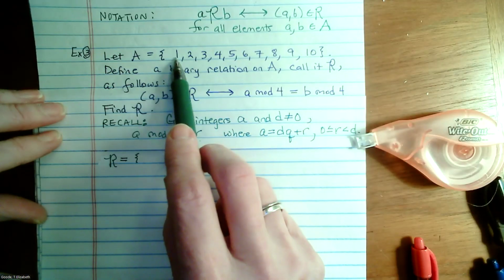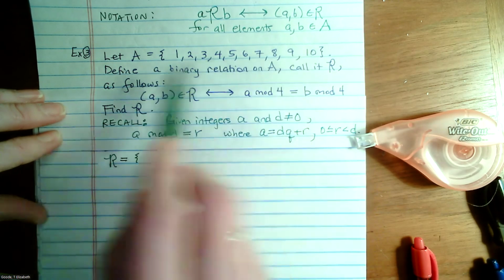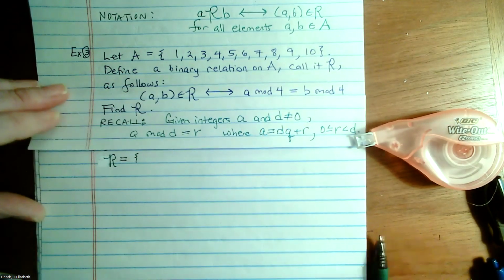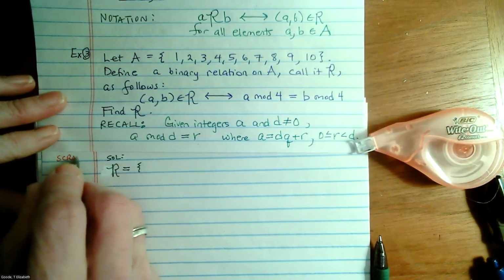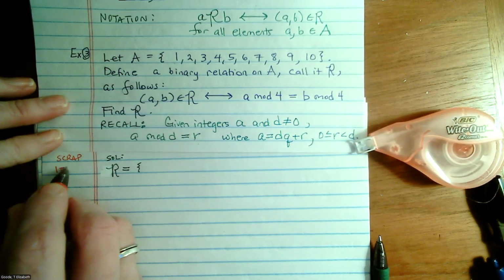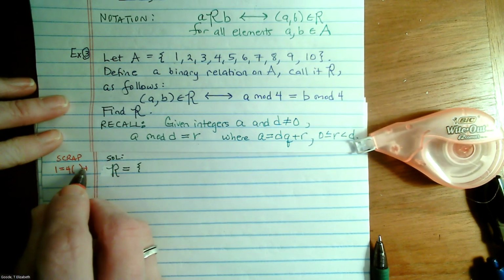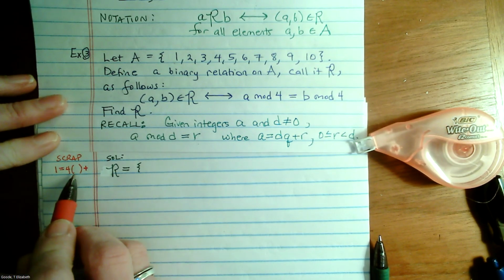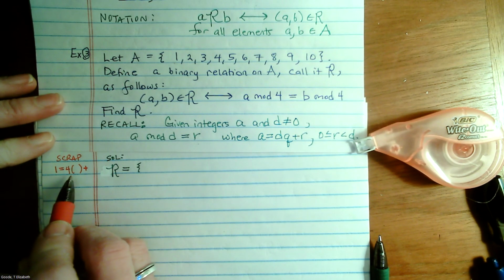And then we're going to look and see what elements in A have that same remainder. So let's do a little scrap work over here in the border. If we're dividing 1 by 4, 1 is equal to 4 times some quotient plus some remainder. What is the quotient and what is the remainder when we're dividing 1 by 4?